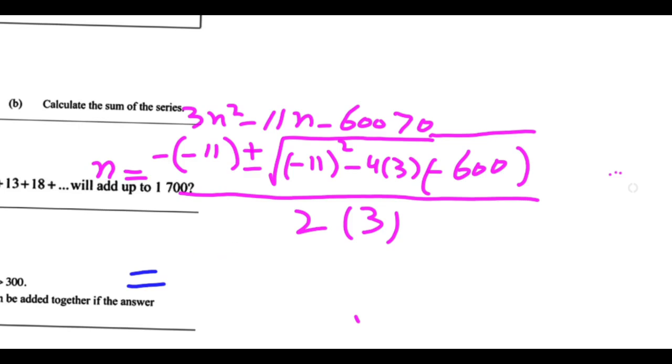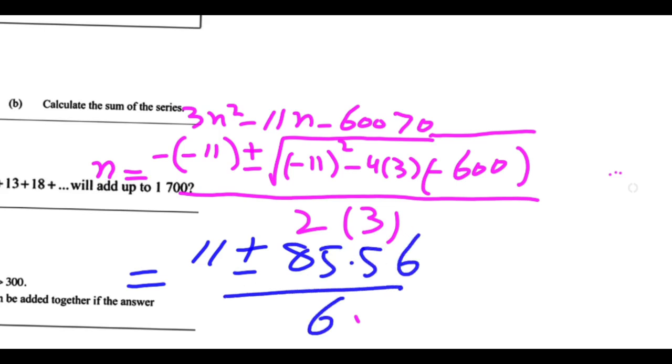My answer is negative become positive, 11 positive and negative, square root of 8556 over 6. Now two roots we have. One time we're gonna add, one time we're gonna minus, and then we will find the two answers.